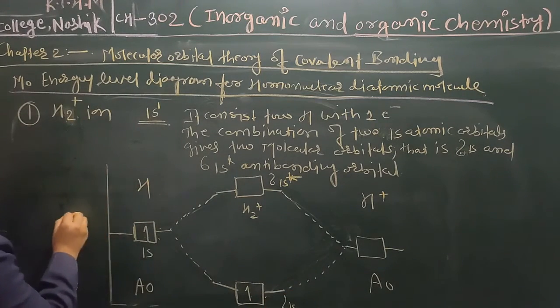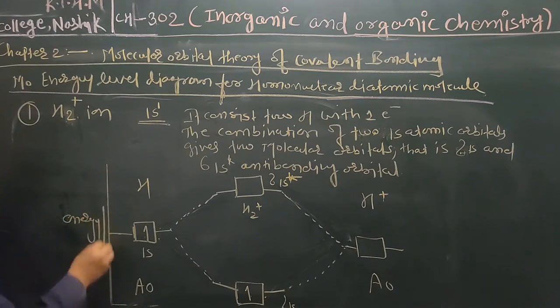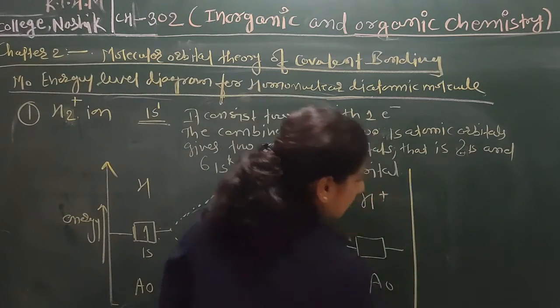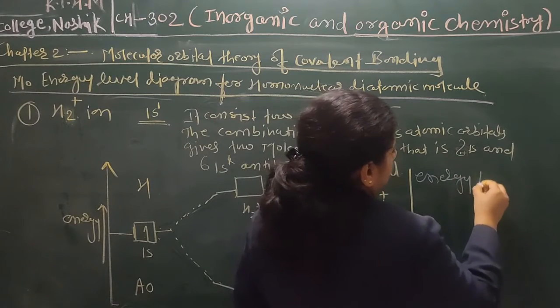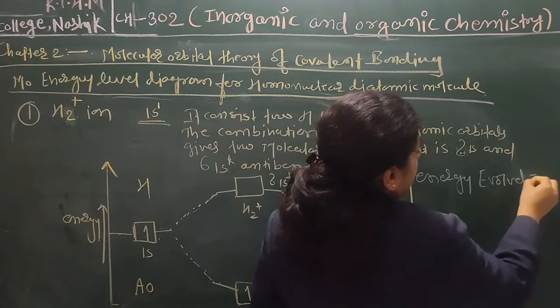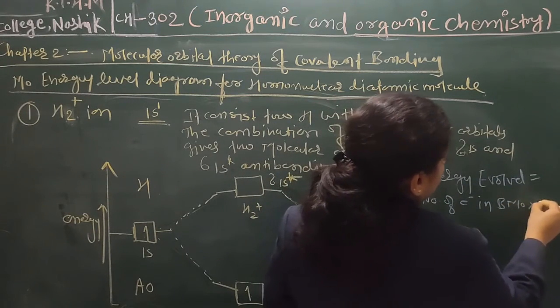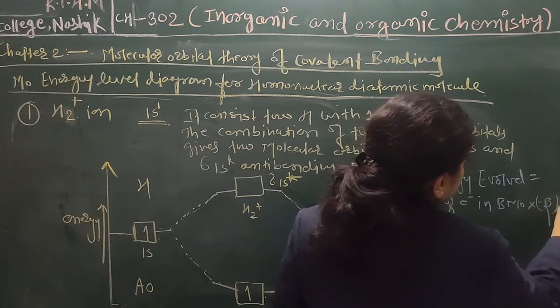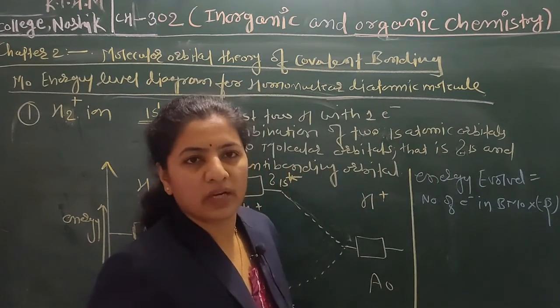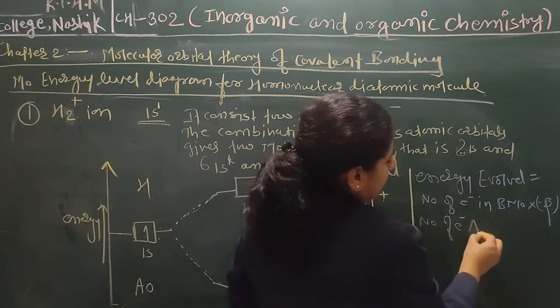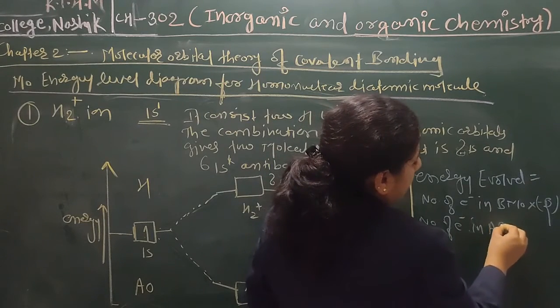So we can calculate the energy from this diagram, that is the energy in volt. We can write that energy is equal to the number of electrons in bonding molecular orbital times minus beta, which we already discussed in linear combination of atomic orbitals, plus the number of electrons in antibonding molecular orbital.